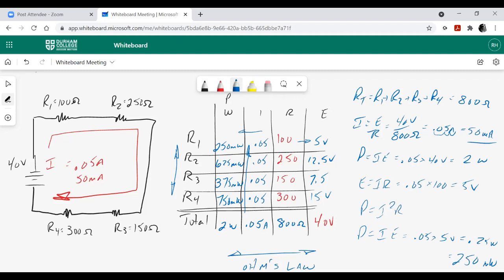Does that make sense? Like I said, this table is just a tool that I'm giving you to help you with the calculations, to help you stay organized and to help you see. I remember doing this at first and thinking, oh my God, there are like 16 things we've got to solve, and I can't see what I have and I don't know where I'm going or what to solve for next.